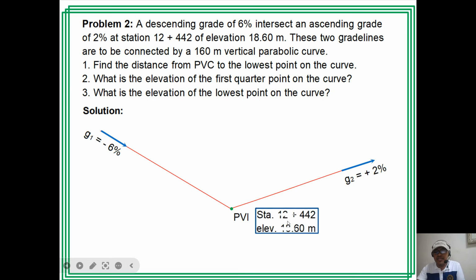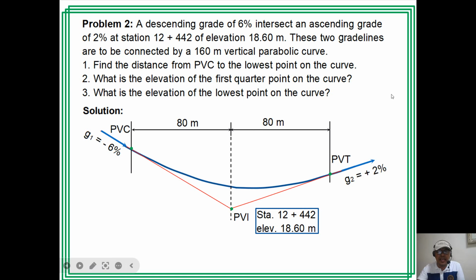This is at station 12 plus 442 and elevation 18.6. Then, the length of the parabolic curve is 160. So, we have the PVC, then we have the PVT, connected by parabolic curve. So, this is 80. This is also 80. Total length 160. Okay. So, find the distance from PVC to the lowest point on the curve.